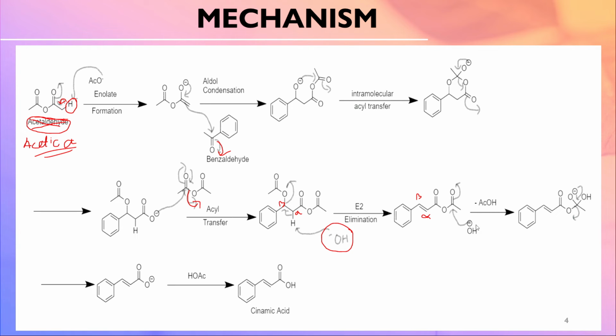Now again OH minus will attack here, and this will go upwards. Then O minus will come back, and the acetate group will leave, and this O negative, then it takes some H plus ion, and this will form cinnamic acid.